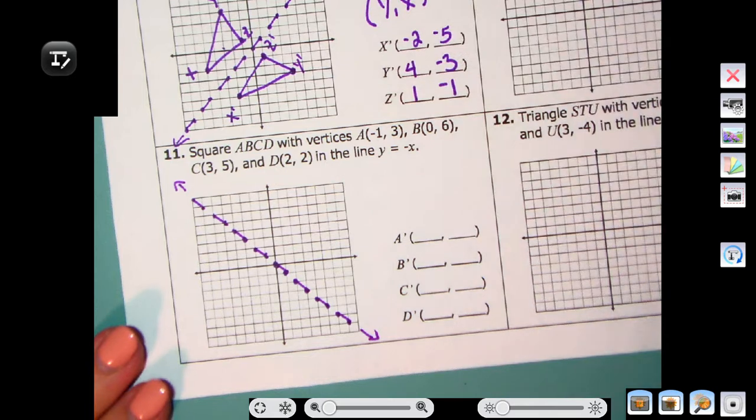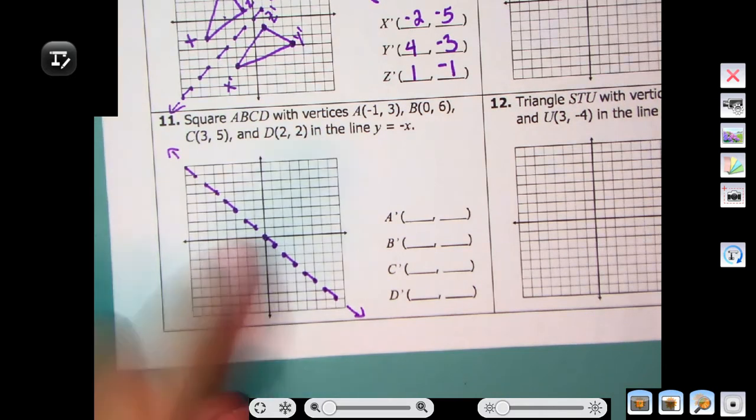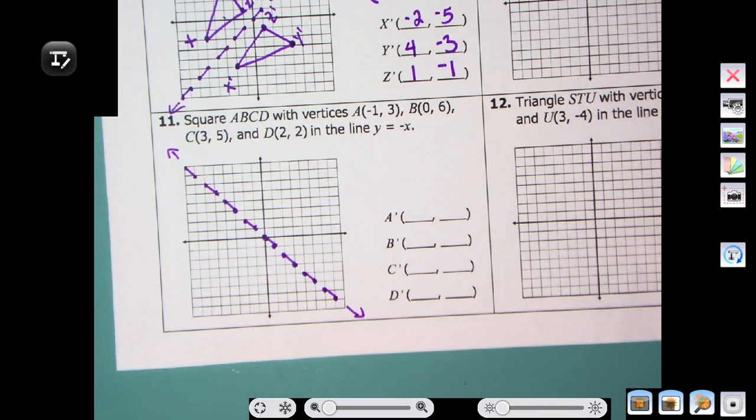All right, so we're going to flip it over this line now, and we'll see if we can find any sort of pattern here.